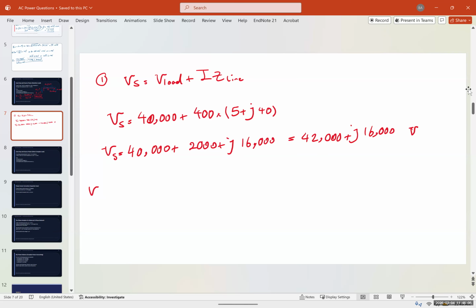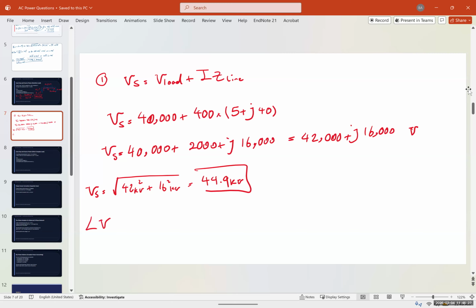Now, if we want to find Vs in polar form, it's going to be the square root of 42,000 squared plus 16,000 squared. I'm just going to put it in kilovolts. It's going to be equal to 44.9 kilovolts.